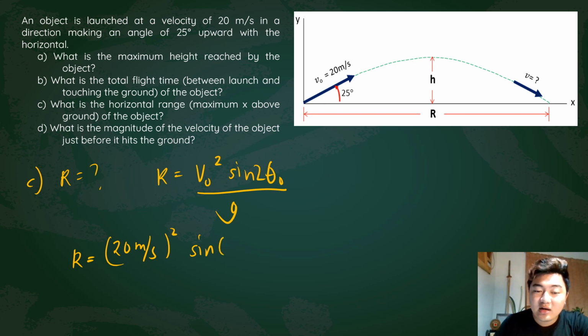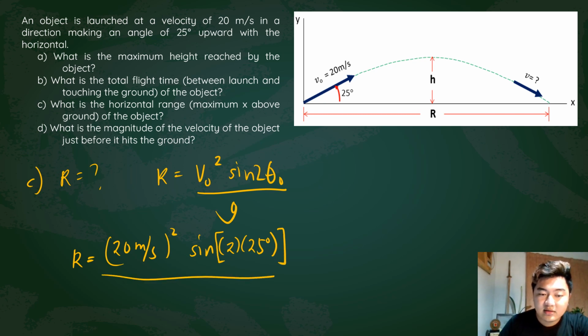So you take the sine of 2 times the angle, which is 25, over 9.8 meters per second squared.